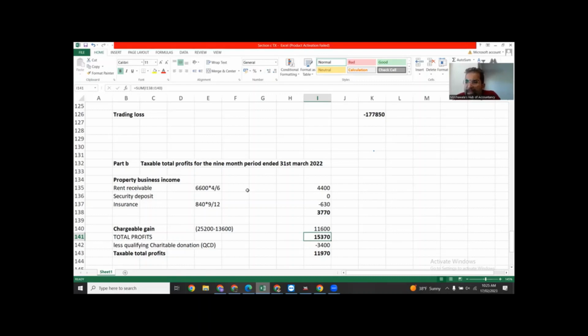And yes, you will get a refund. Tax rate is 19%. So you will get 162,480 multiplied by 19%. Let me type this last requirement in front of you.